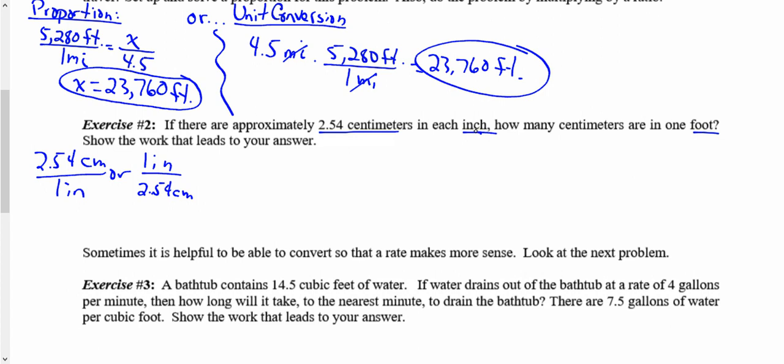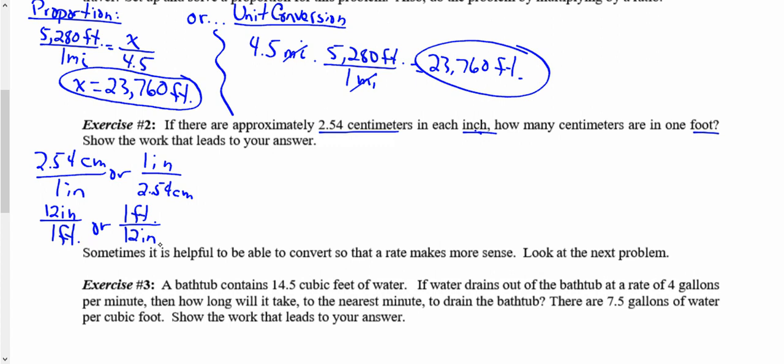So I could either write 12 inches in 1 foot, or what could I write? 1 foot to 12 inches. Okay, so I'm going to need to use both of these ratios somewhere along the way. They want to know how many inches or centimeters are in 1 foot.